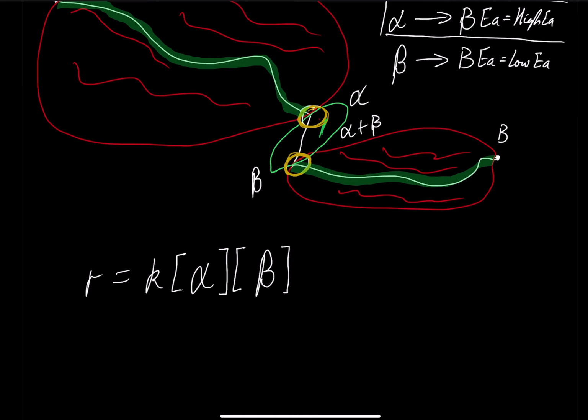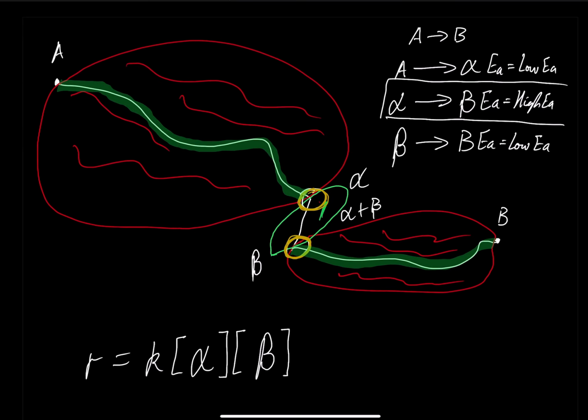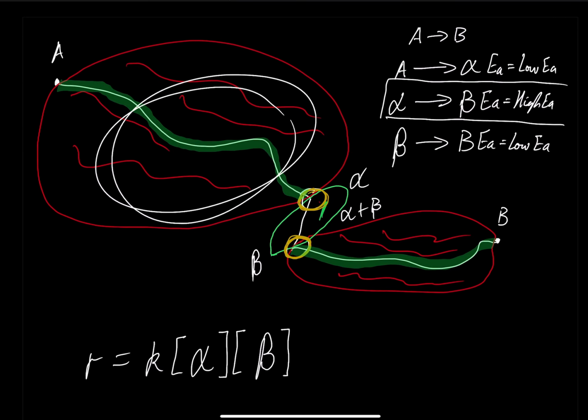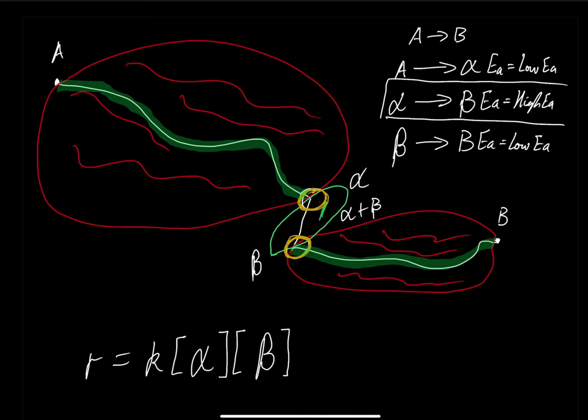But the point I'm trying to make is that we wouldn't consider anything to do with A here. This would have been A plus alpha. We're not considering that, and we're not considering beta plus B. B isn't part of our rate determining step, and A isn't part of the rate determining step. Only alpha and beta.